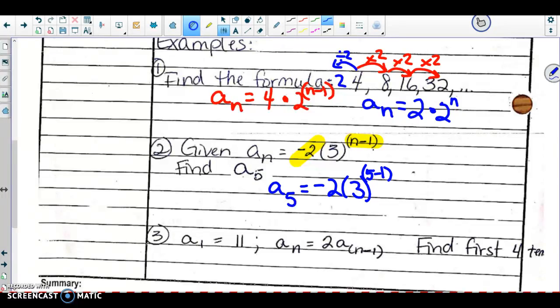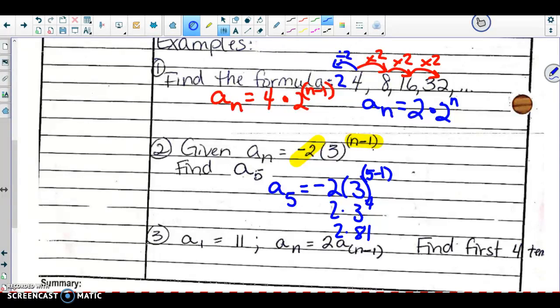Well, 5 minus 1 is 4. And so I'm basically taking 3 to the 4th power, okay? And 3 to the 4th power ends up being 81. And I still have the 2 out front.